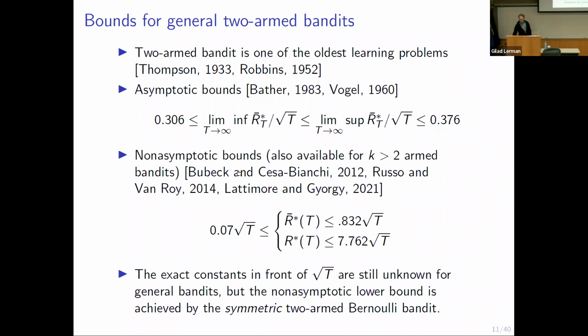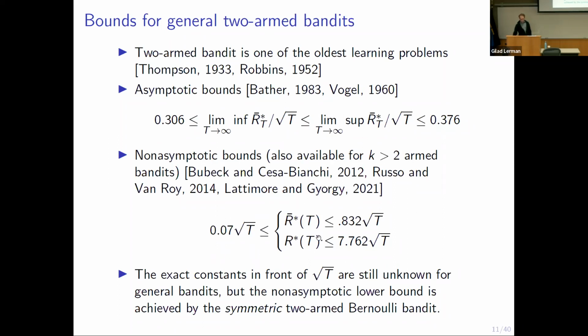Okay. So then there are also non-asymptotic bounds. They're also available for the K-arm bandit. Obviously, the constants will depend on K. These bounds are available both for regret and pseudo regret.